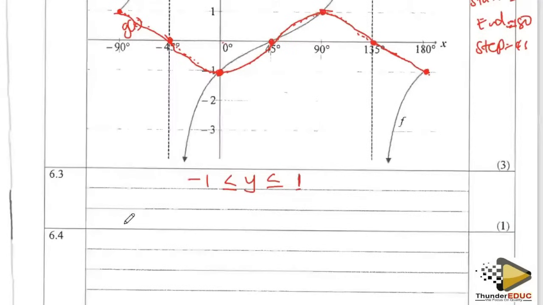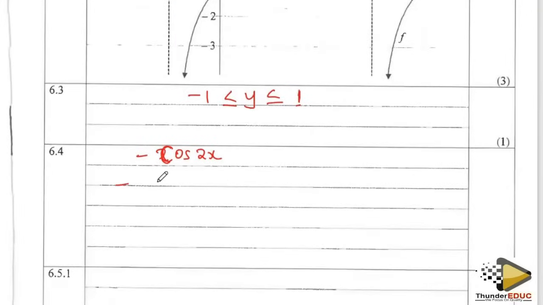So where there is x, remember it was negative cos 2x, I'm going to represent with that shift. So x plus 45. I'll open that up. I'll have 2x plus 90.